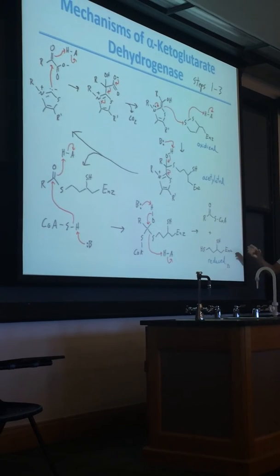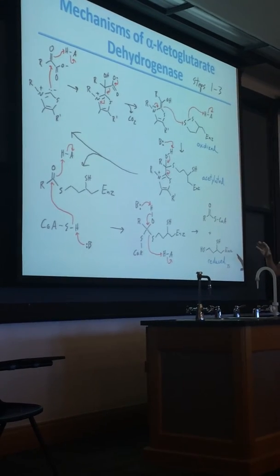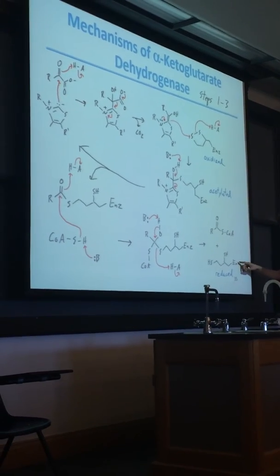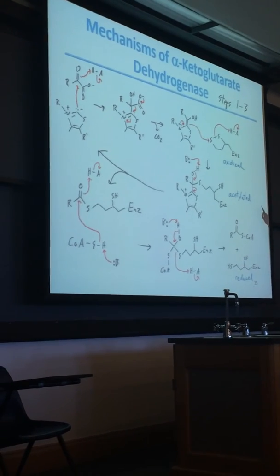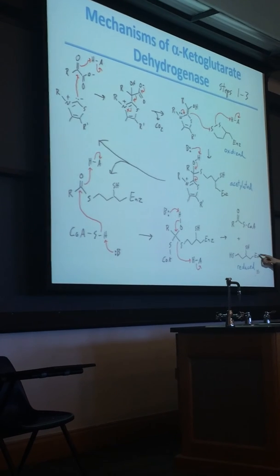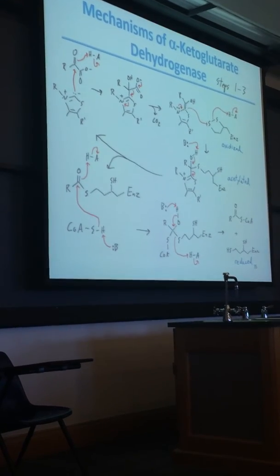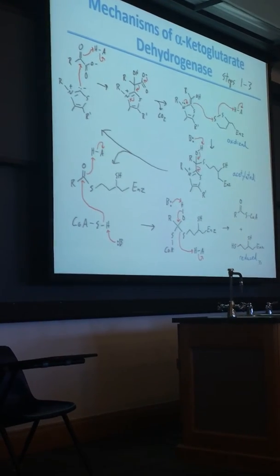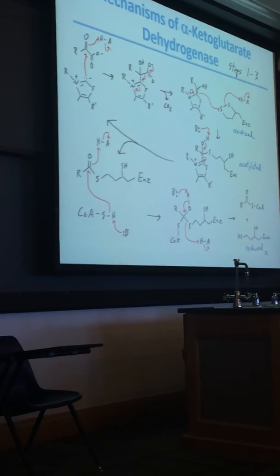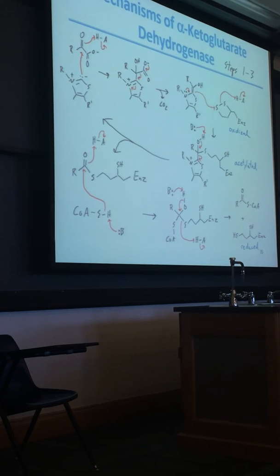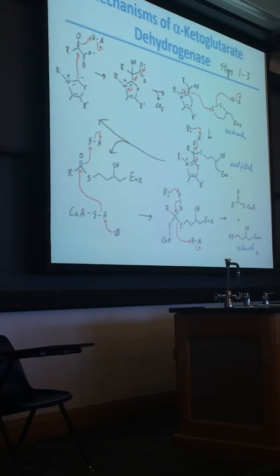So you don't have to show me those mechanisms. I just want you to understand that the FAD and NAD plus are still involved in this mechanism because they're involved in generating the reduced form and converting it back to the oxidized form. So the reduced form will transfer 2 electrons to FAD to form FADH2. And then FADH2 is going to transfer 2 electrons to NAD plus to form NADH.